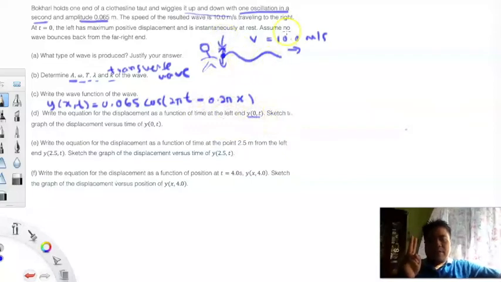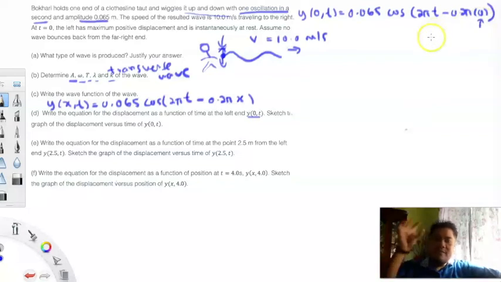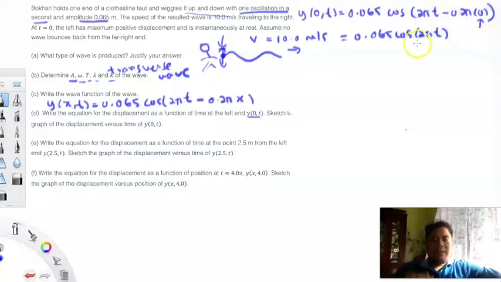We first write down the equation by simply taking the general wave function, with x equal to 0: y(0,t) equals 0.065 cos(2 pi t minus 0.2 pi times 0). Now x is 0, so just replace it in the wave function and simplify. You have 0.065 cos 2 pi t only, because the second term is 0.